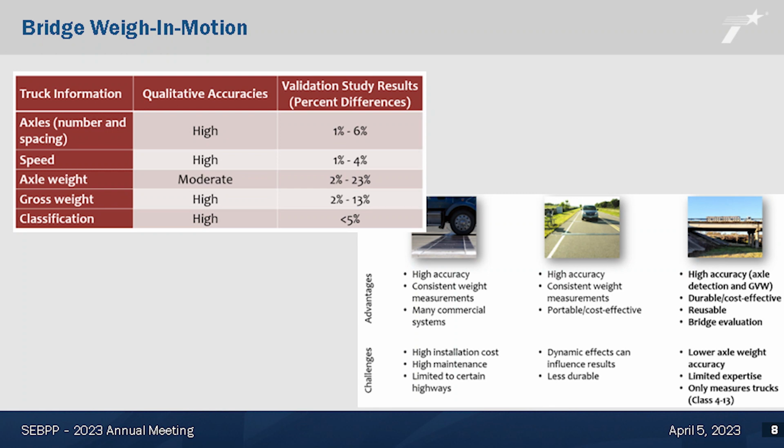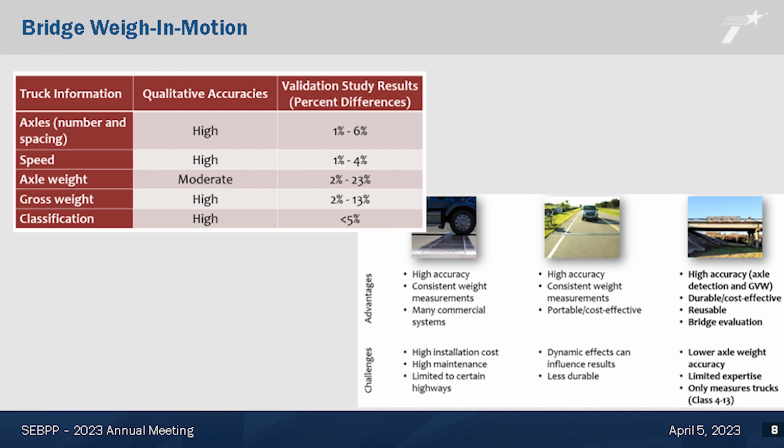A high-level summary of the results is that this project demonstrated that we can pretty reliably produce the axle number and spacing, the speed of a vehicle, the gross weight of a vehicle crossing a bridge, and the classification or the type of vehicle that's crossing the bridge. There was a whole lot larger variability when it came to axle weight, so it can't as accurately determine the axle weight.